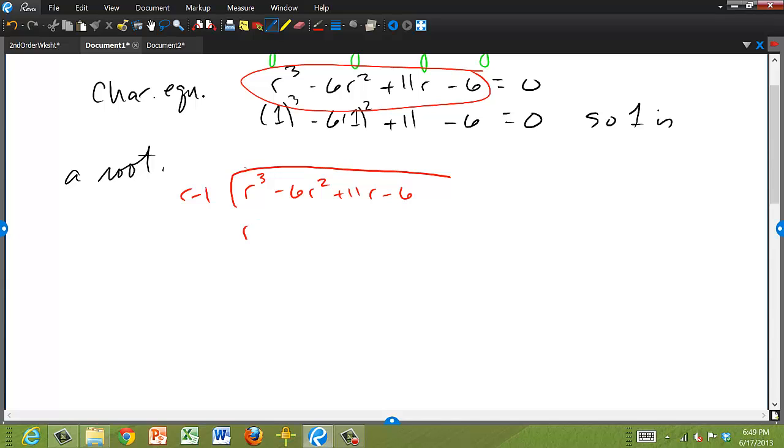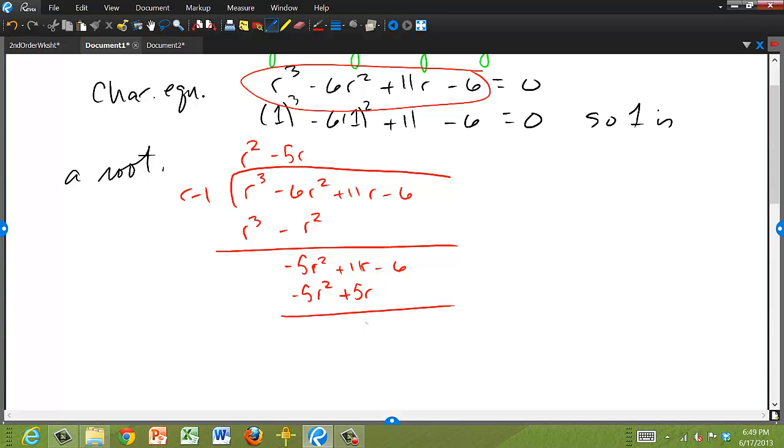You'll get an r squared here. So that's r cubed minus r squared. You subtract, you'll get negative 5r squared plus 11r minus 6. And so now you need a minus 5r here. Minus 5r squared plus 5r.